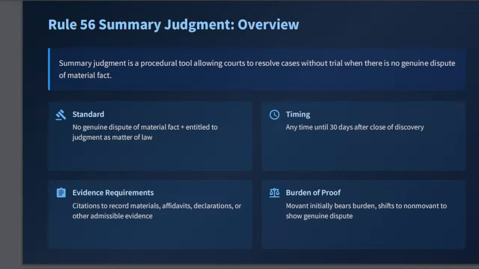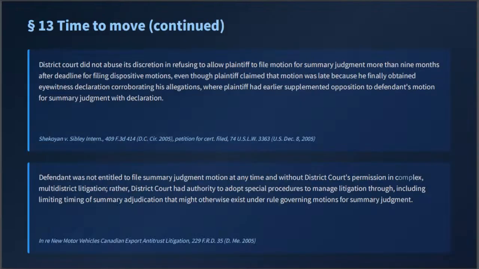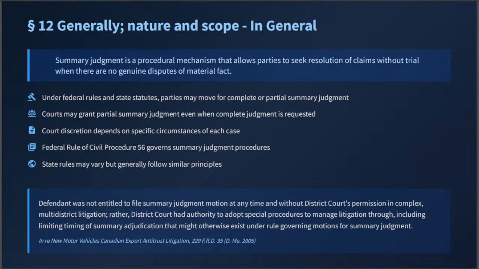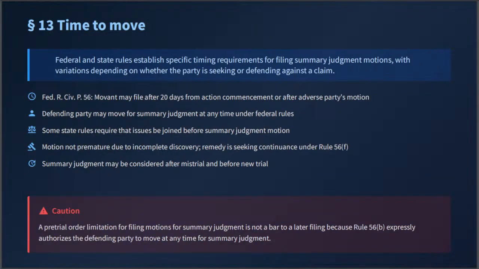Of course, when it comes to states and the federal rules, there's a lot of alignment, but sometimes there's not. So let's see here. Yeah, I remember seeing a 20-day. Maybe that's coming up later in it. Here we go. The movant may file after 20 days. Okay, so that's the 20 days.